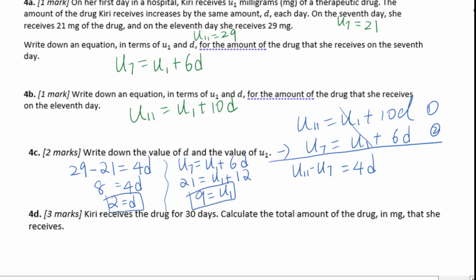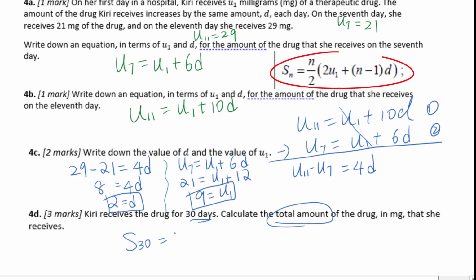For 4D, Kiri received the drug for 30 days. Calculate the total amount, which means S sub 30. We will use this formula: 30 over 2 times 2 times U sub 1, which is 9, plus n minus 1, which is 29, times 2.